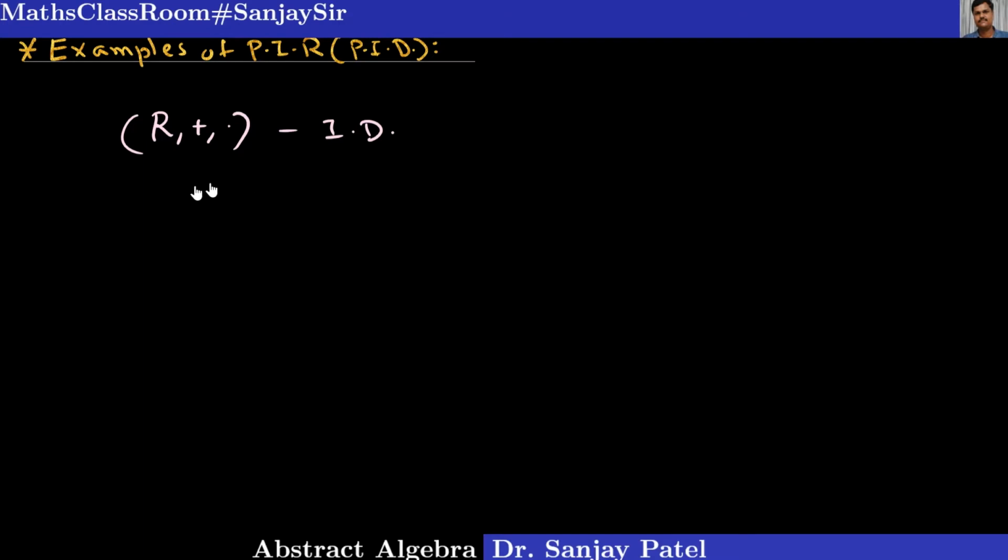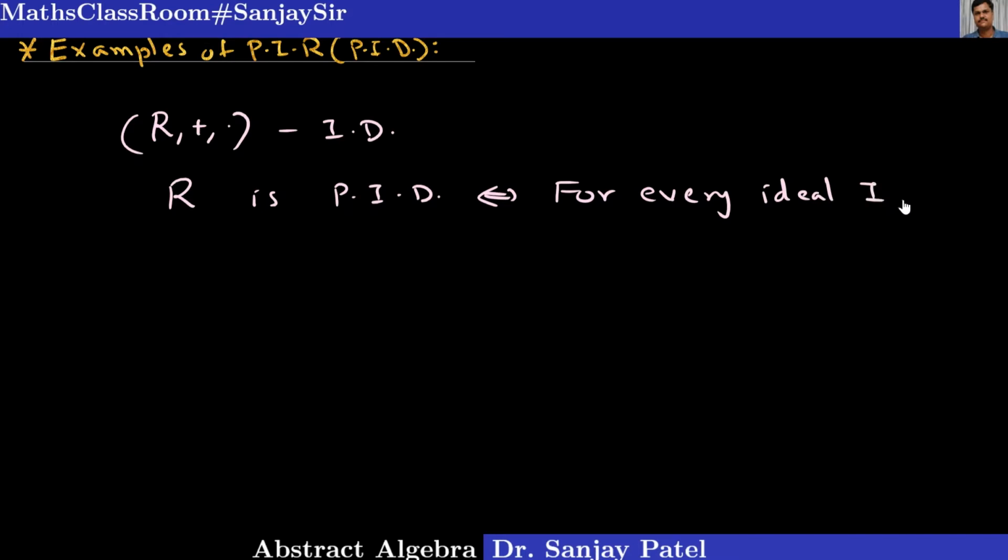So I can say R is a P.I.D, that is principal ideal domain, if and only if for every ideal I in R there exists some element a belongs to R such that the ideal I is generated by the element a.